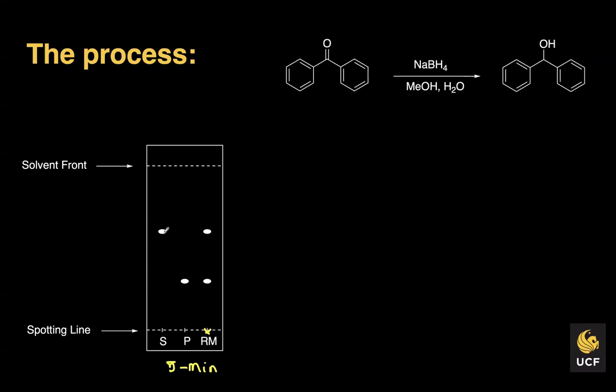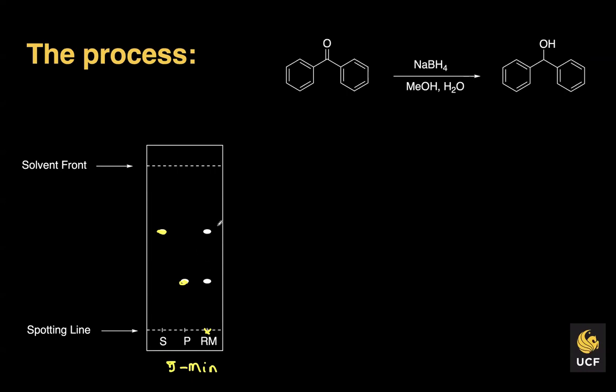You have the starting material at a specific RF value. You have the product spot as well. And then you have the reaction mixture. And the reaction mixture in this case showed 2 spots. What would that tell you?